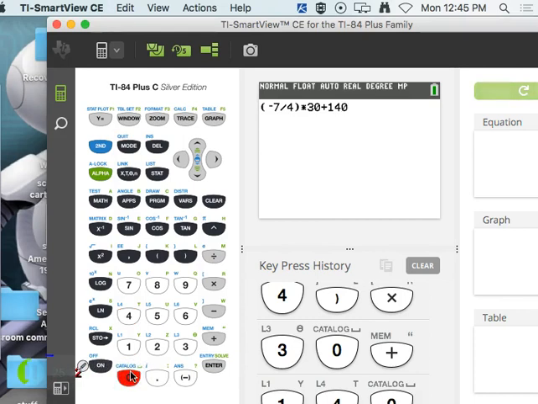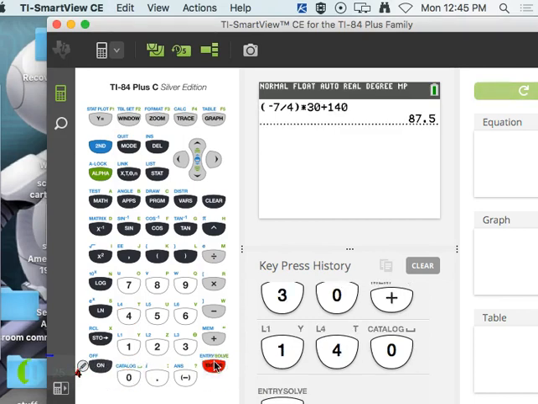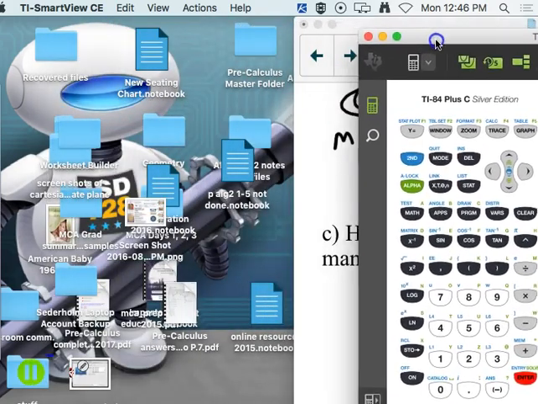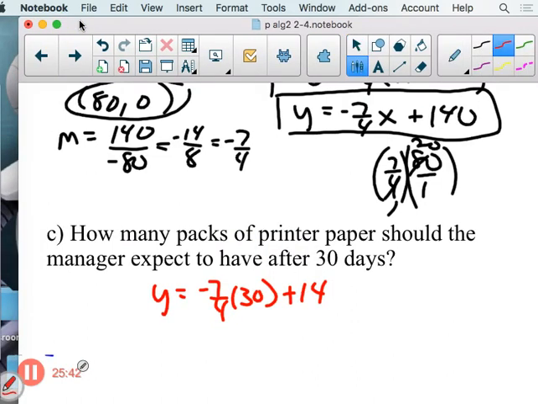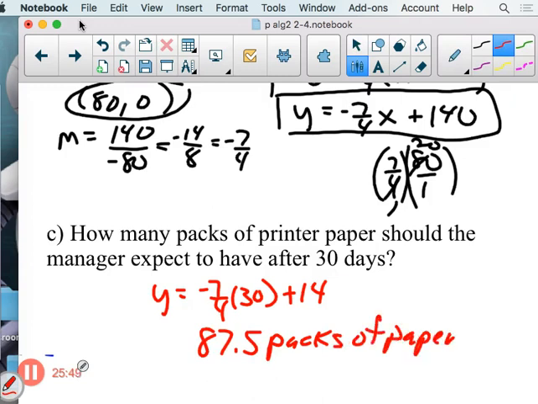All day I've been fighting that thing. 87.5 packs of paper. So that's what should be there. If she goes in and sees there's only 20, oh, she better place an order really quick.